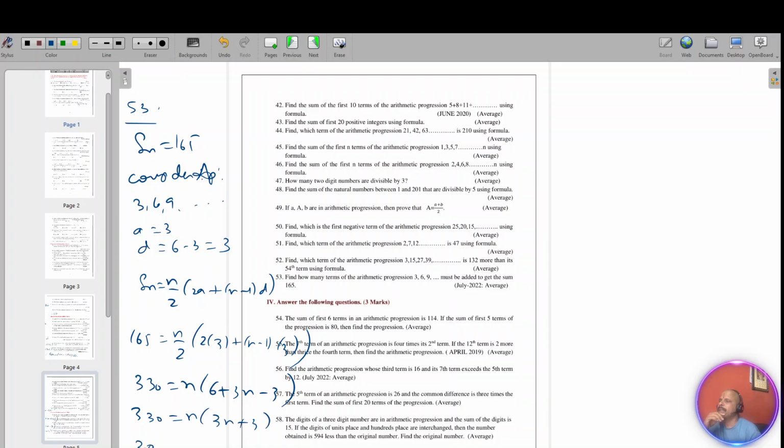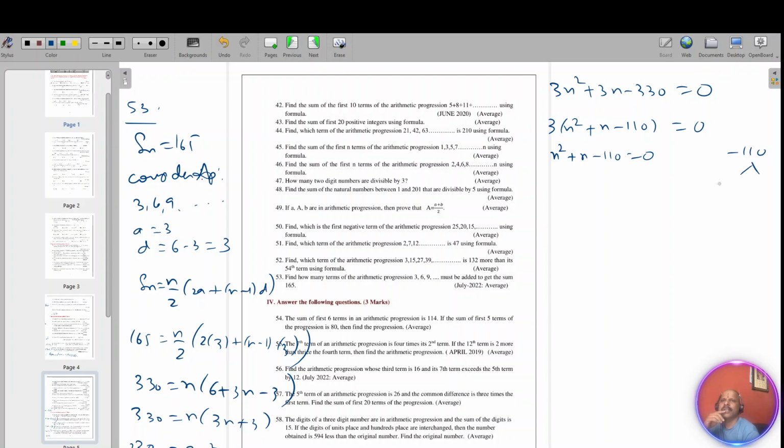So open the bracket, 3N square plus 3N. Take one side, 3N square plus 3N minus 330. If you take 3 common, N square plus N minus 110. So the quadratic equation becomes like this.